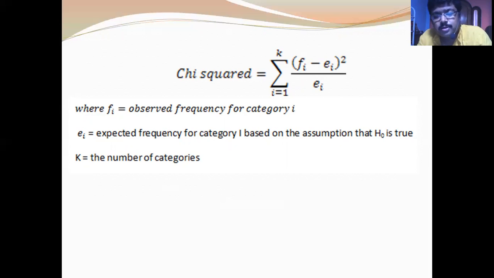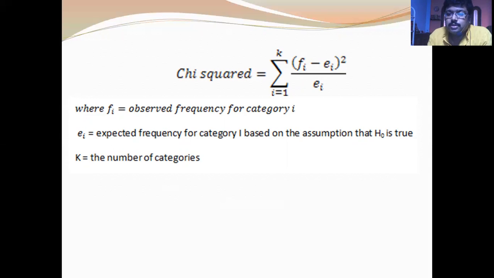Suppose there is a hospital and there are 3 categories among patients: stable patient, serious patient, and critical patient.